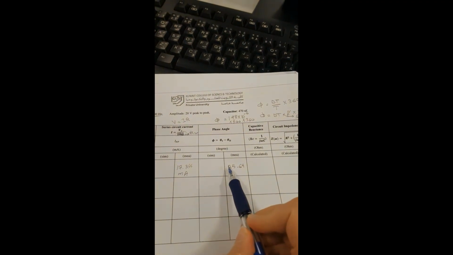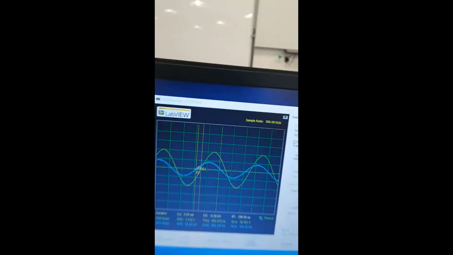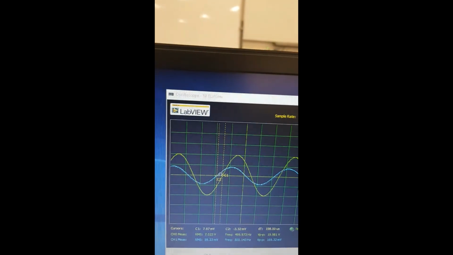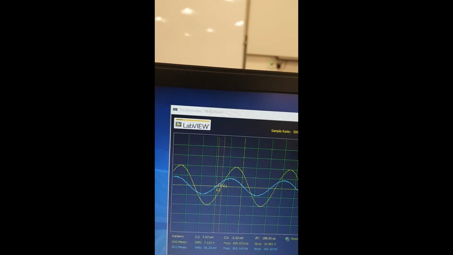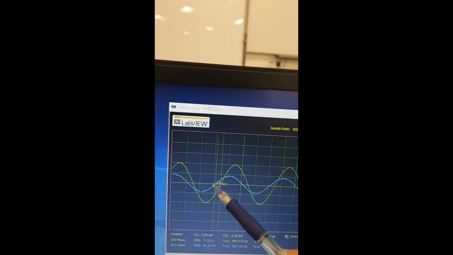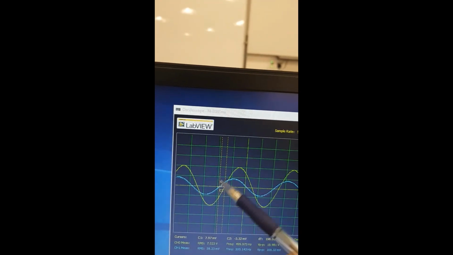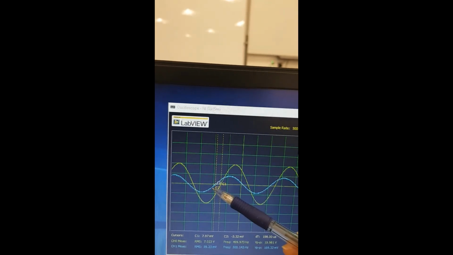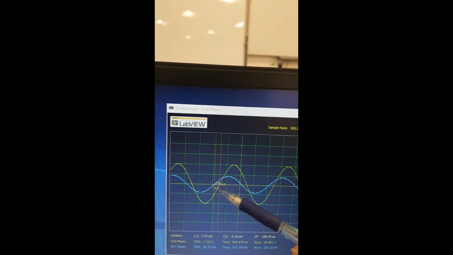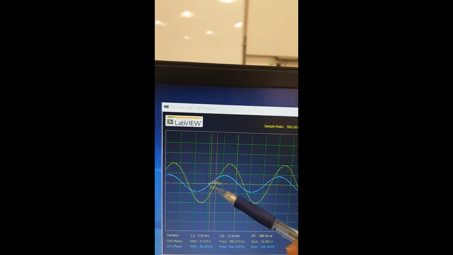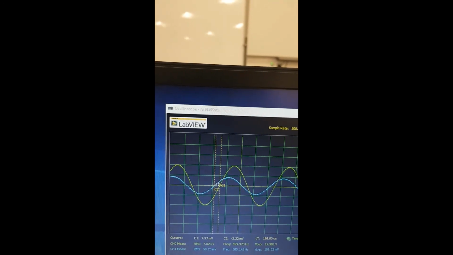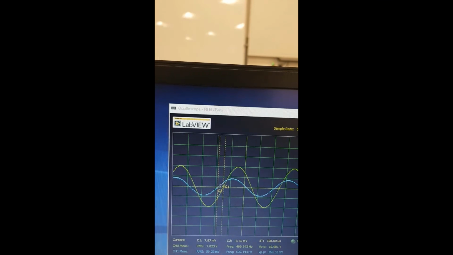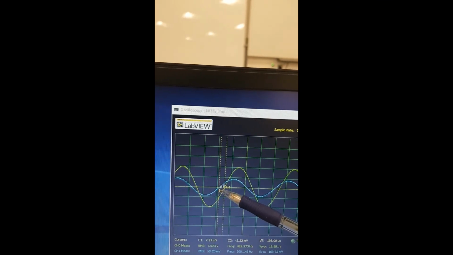Is it positive or negative? We need to go here and check. This is the time, okay? This is my time. And this is the two signals. Which one comes first? Which one intersected the time first? The blue signal is the output, or the green signal the input? We can see that the blue one, right?